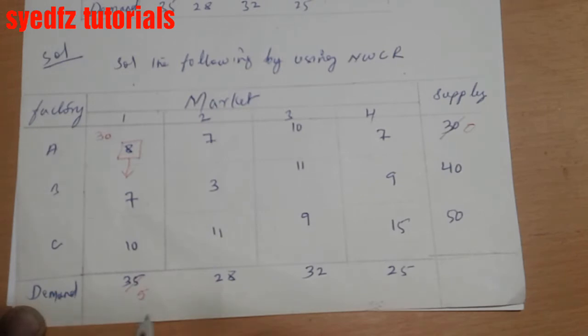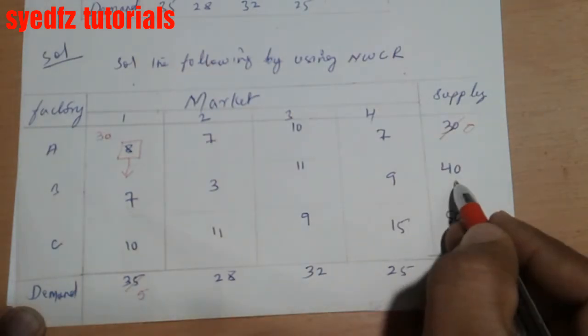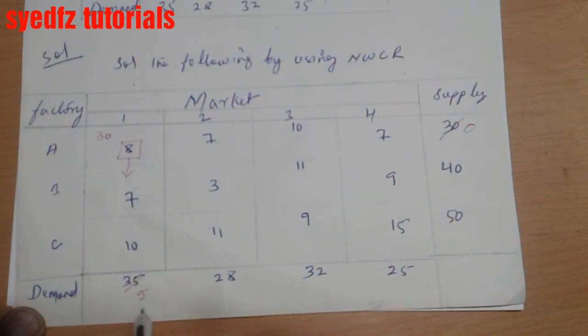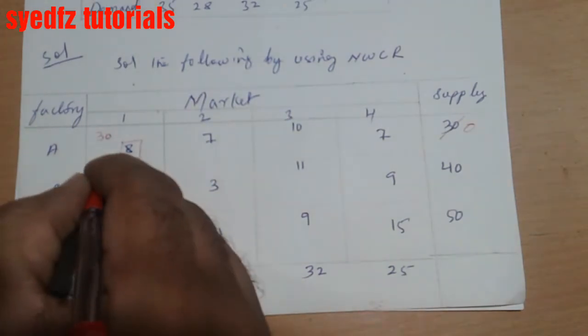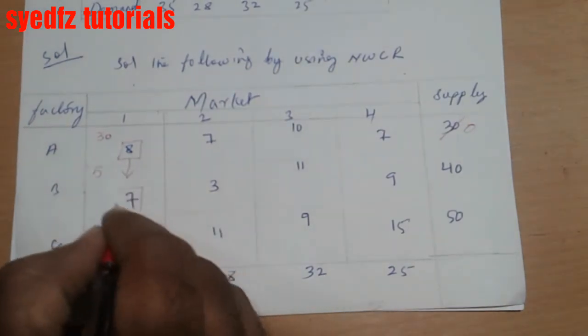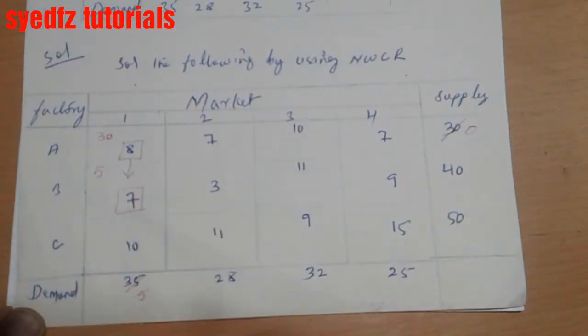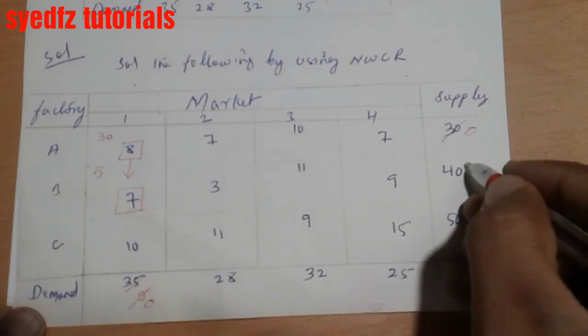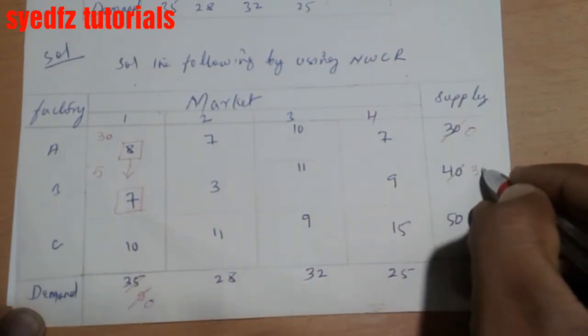Here, how much is the supply? 40. So it will complete our demand of 5. So allocate 5 here, where 7 is the unit cost. Now the demand is over and the remaining supply is 35.